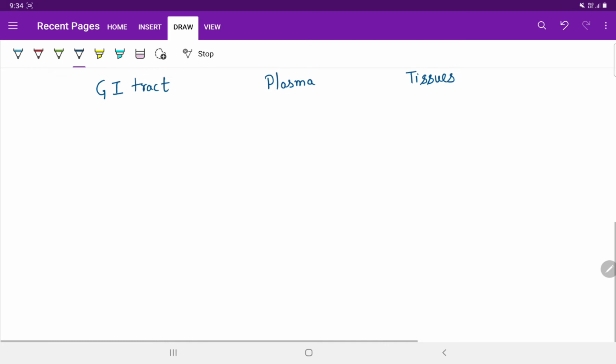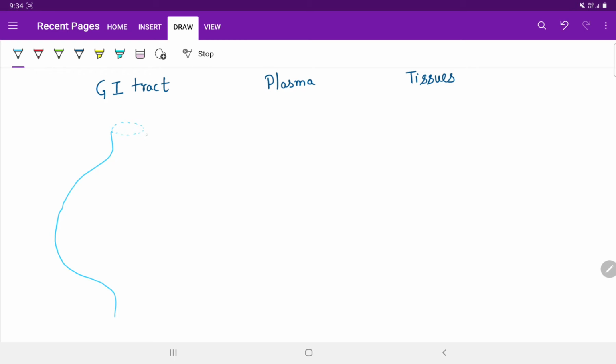So now let us see in the gastrointestinal tract, in the stomach. It starts from the stomach. So let us draw a rough diagram of stomach first. So in this, most of the vitamin B12 comes with the protein.